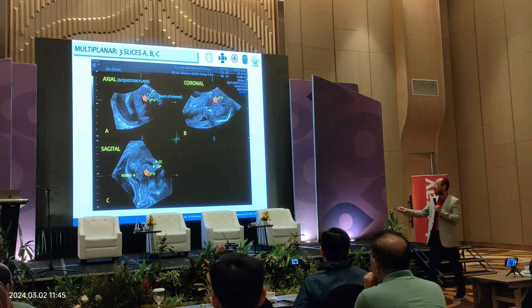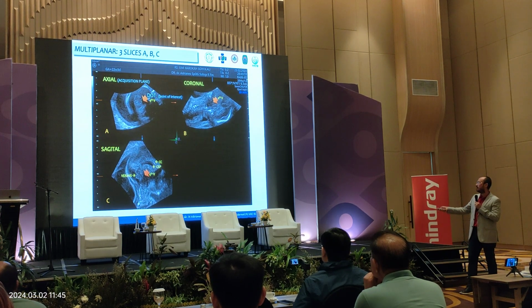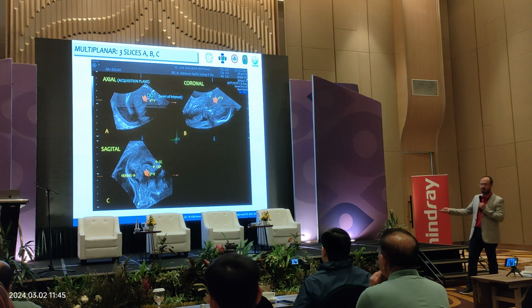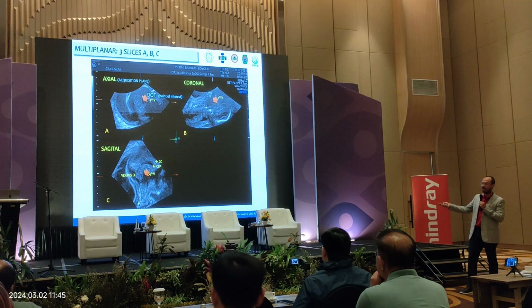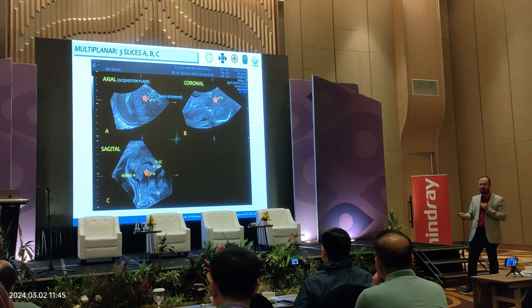So we use the axial plane to obtain the sagittal plane by using multiplanar. This is also the coronal plane, which we can investigate as well. But here we can best appreciate the sagittal plane by using the axial for the first cut and then using multiplanar.